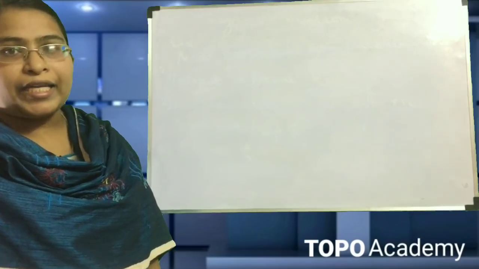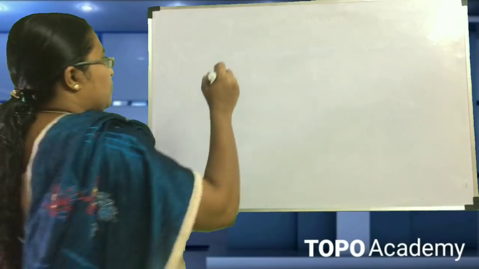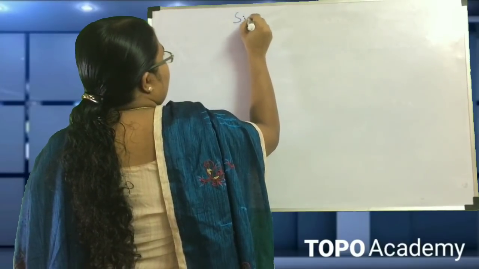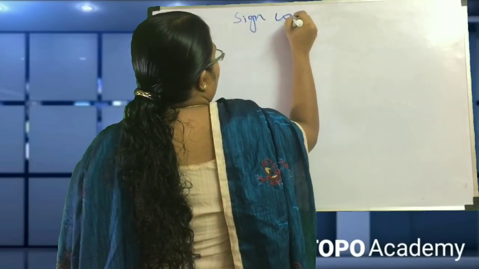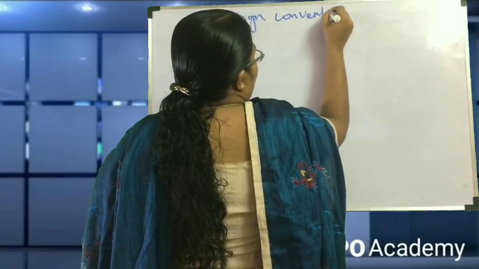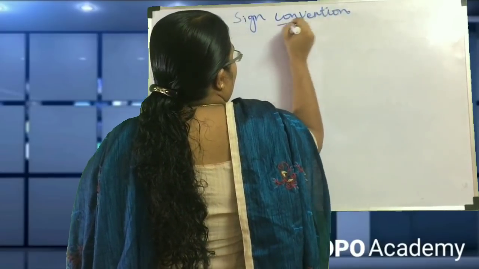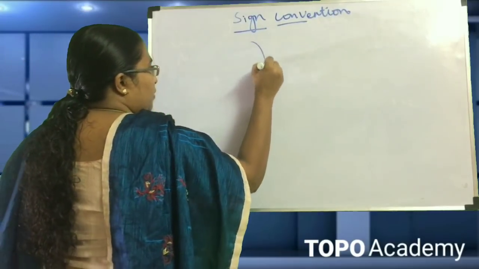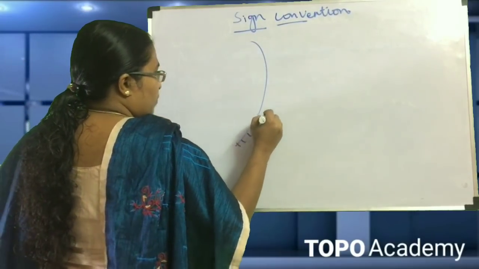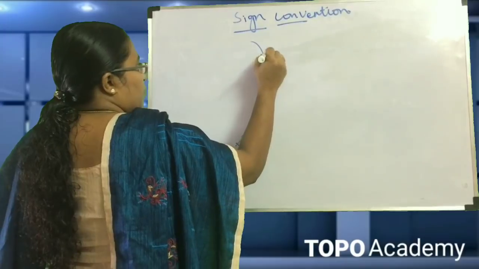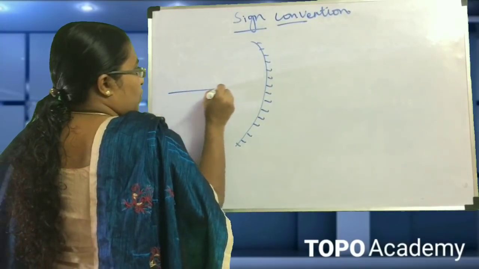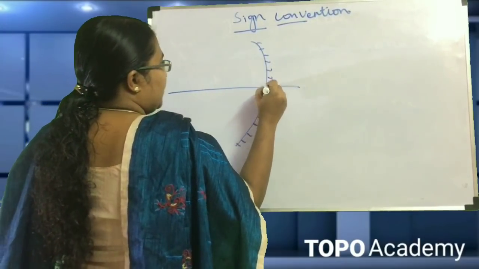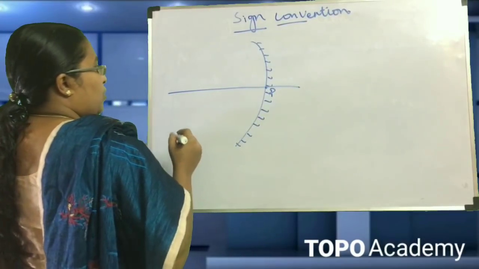So we can go to the sign convention of spherical mirrors. This is a spherical mirror. This is the principal axis. This is the pole of the mirror.